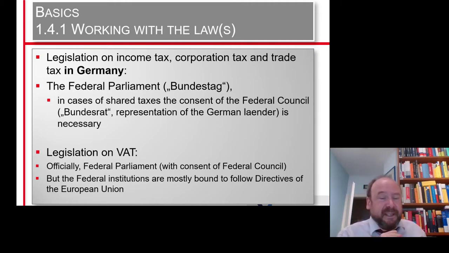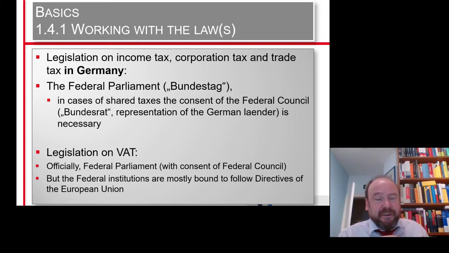They must consent in all cases of all shared taxes, because otherwise the Bundestag, the federation representation, would have the right to decide on those taxes alone from which the laender mostly live. And that is the reason why, naturally, the federal parliament cannot legislate on these shared taxes without the consent of the Bundesrat, the Federation Council.